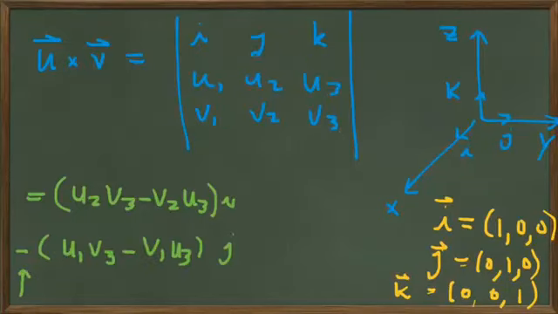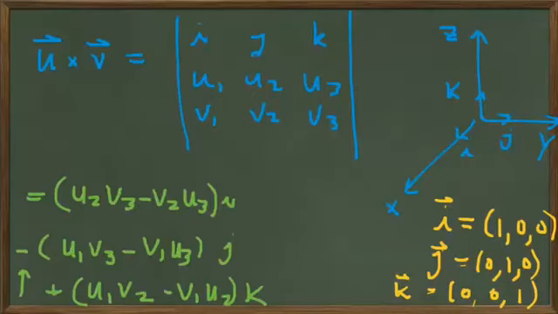And we should also notice that when we look at these components, this and this are just reversed order, right? u2 v3, v2 u3, u1 v3, v1 u3. So for k, we go back to a plus sign, and that would be u1 v2 minus v1 u2.